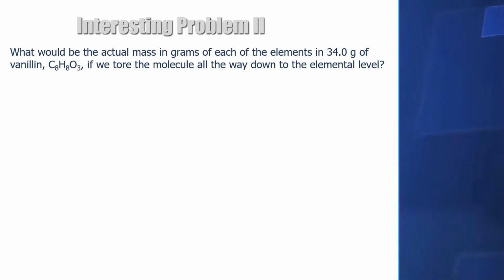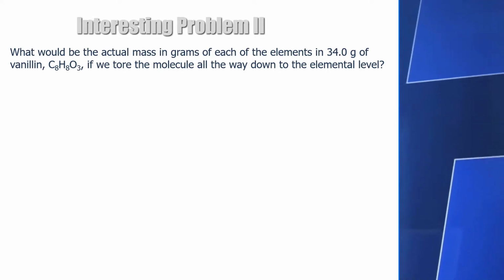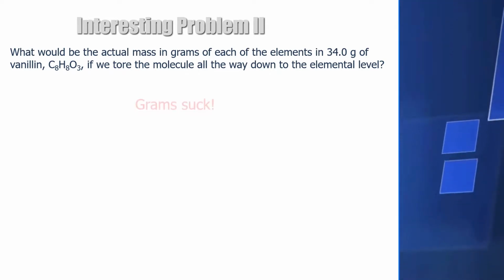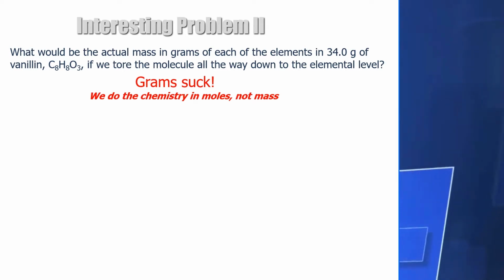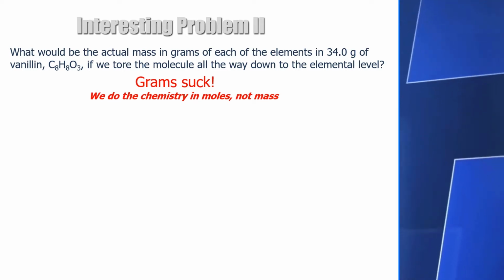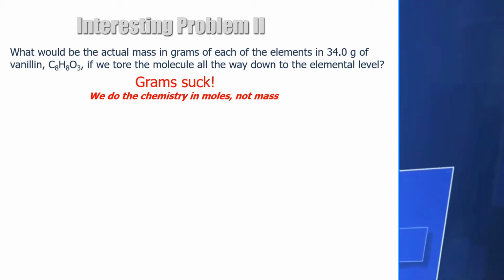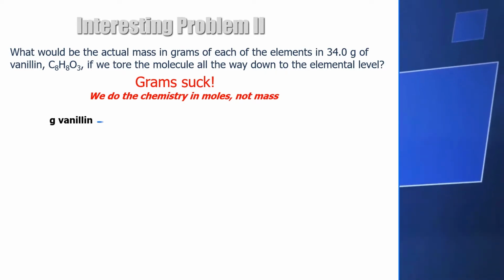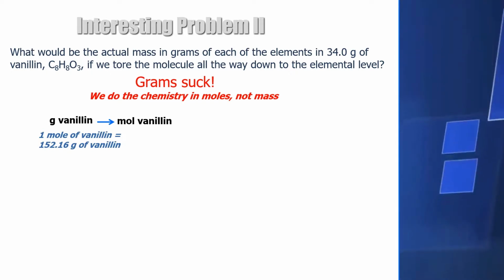This step leads to another Striplinism that I use when discussing chemical computations. Usually, grams suck. When doing chemistry, we do the chemistry in moles, not mass. What this saying means is that if we're going to do chemistry or anything else with a compound that requires calculated amounts, more than likely we'll need to turn all of the masses in the problem to moles first.